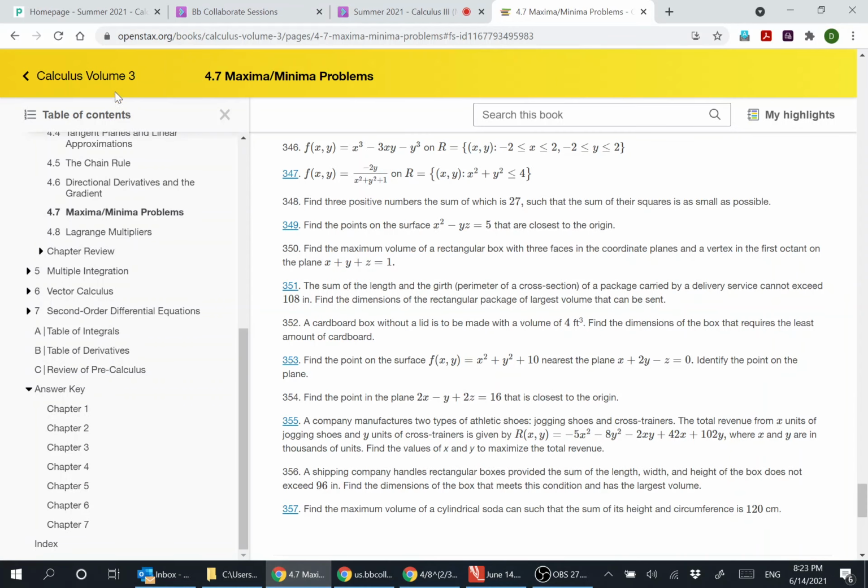Right. So those are the applied max and min problems. I'd like to leave it at that for those. So what kind of questions would you, at this point, like, let's start our review of chapter 4.